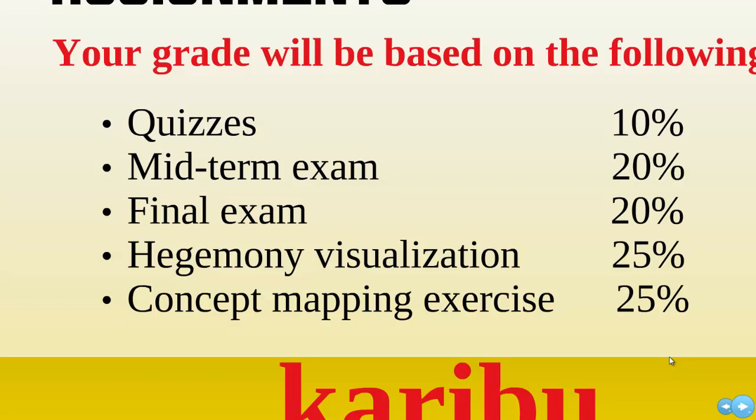And you can see here the distribution of the grades so that you know exactly how much of an impact each of these will have on your final grade. I will, of course, have more explanation of both the hegemony visualization and the concept mapping exercise. The quizzes and the exams will all be on Blackboard.